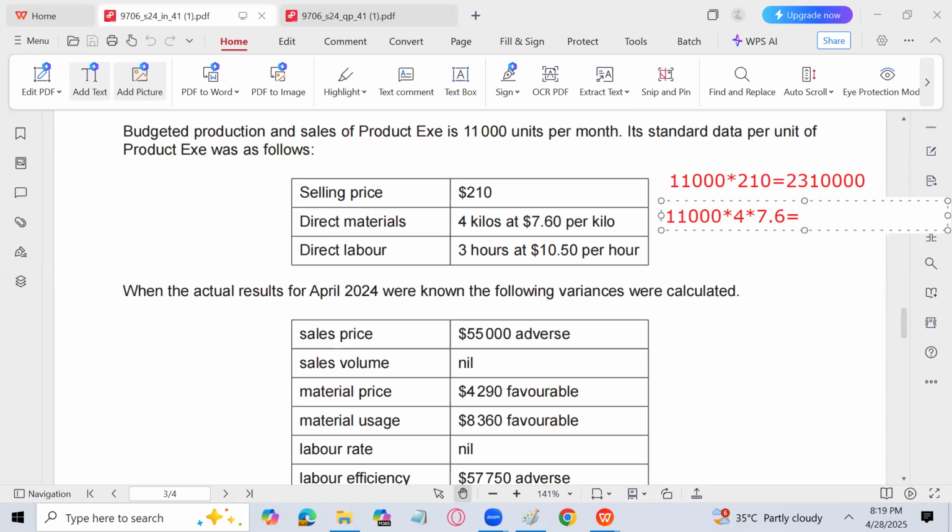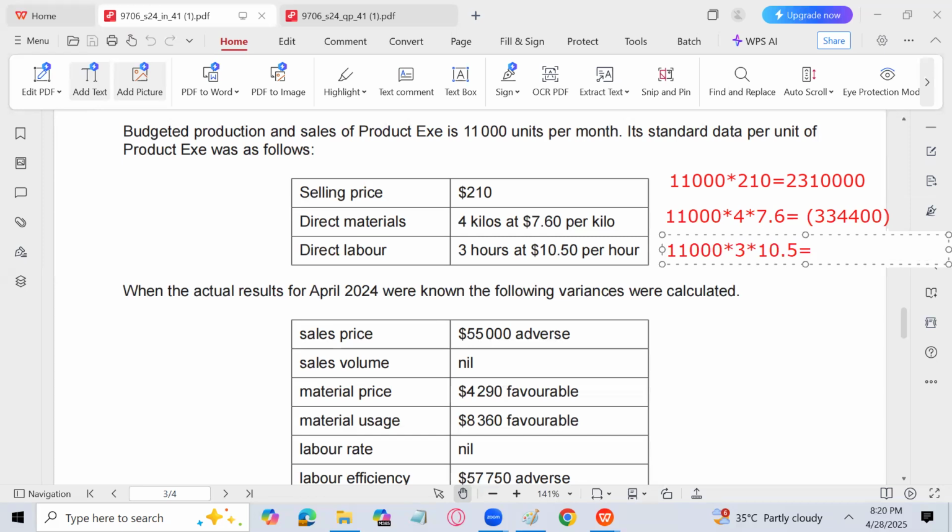We'll subtract it obviously. 11,000 into 4 into 7.6 is 334,400. I will write here that it is negative 334,400. Now for labor, 11,000 multiplied by 3 into 10.5.